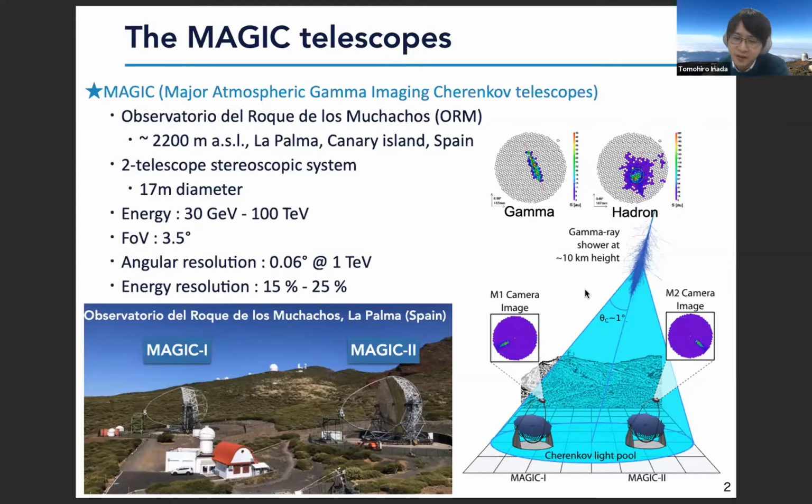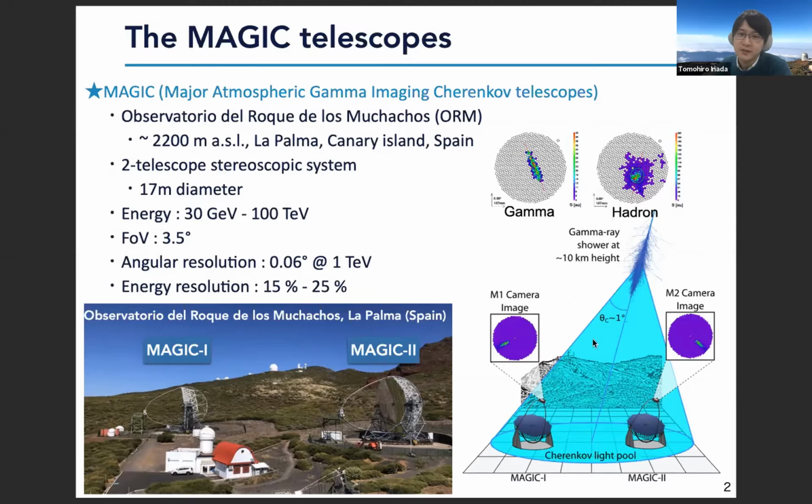The telescope on the ground detects this Cherenkov light, and from the detected image we reconstruct the primary cosmic ray events with arrival direction and energy. We can also distinguish the primary particle type.